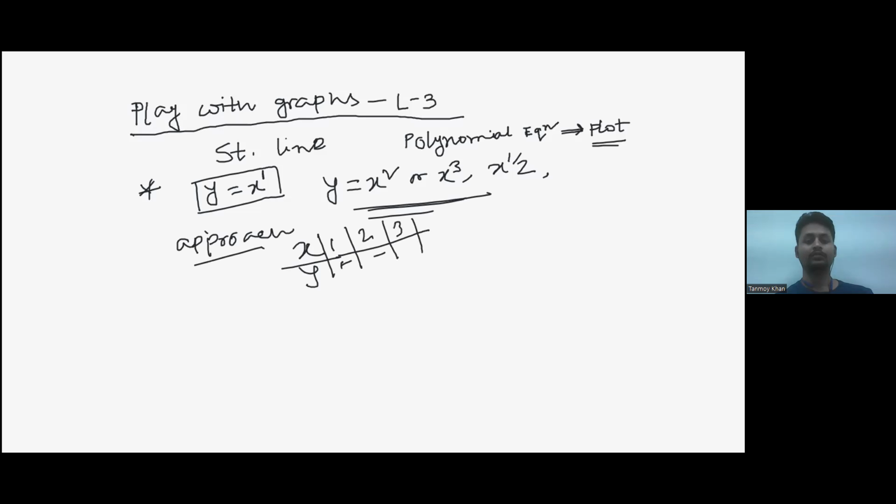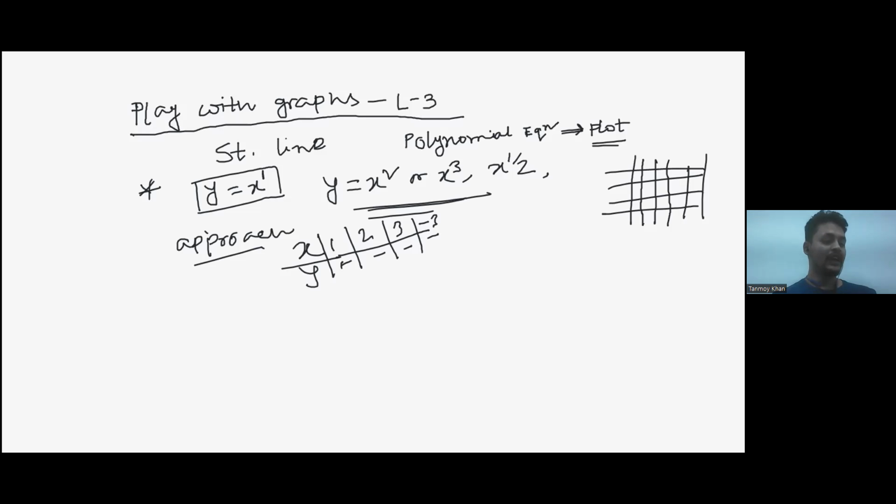This is 3, this is something. Like that, without wasting your brain, you can simply draw that. That is always there for any kind of function; you can find the values and draw the curve. But we are not talking about that. We want to avoid that, and smartly, just by looking at the equation, we want to draw it.